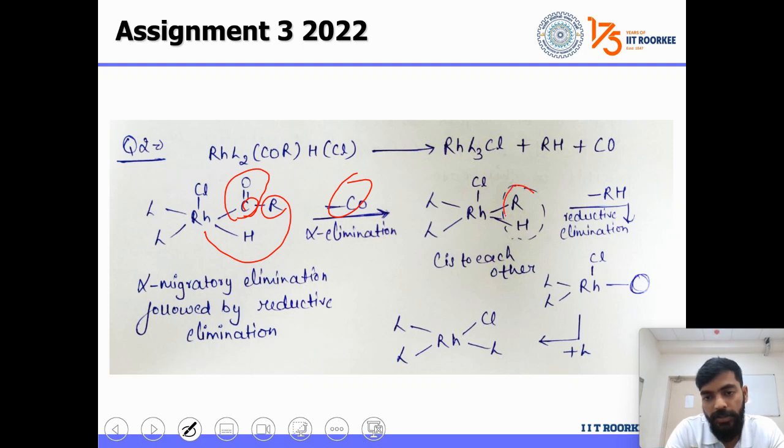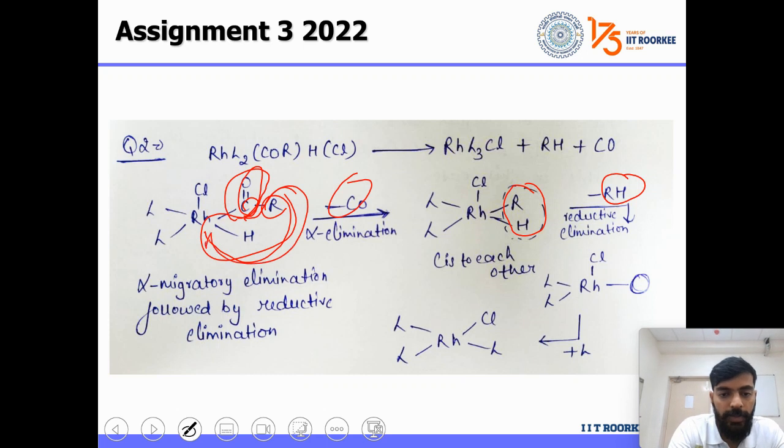Then what is happening? R and H are getting out. We have to see the products. Where is the feasibility? This R and H cannot come out. But this CO is more stable, so it can go out and R will come here. That means alpha elimination happened and the R group is migrated here. So that is called alpha migratory elimination.